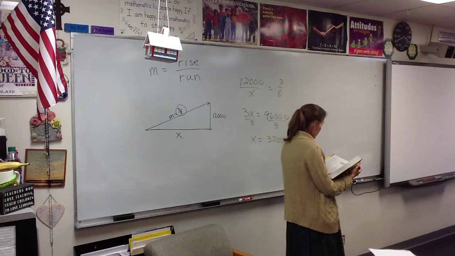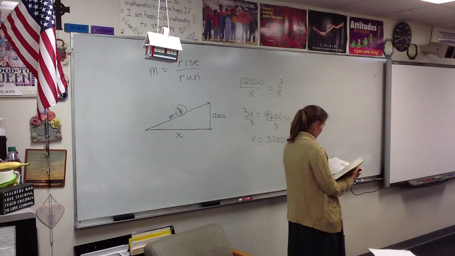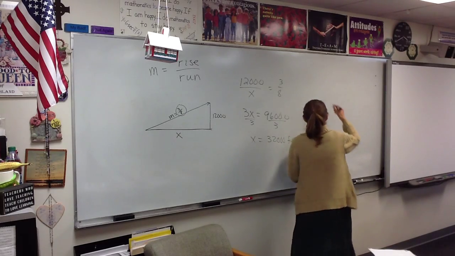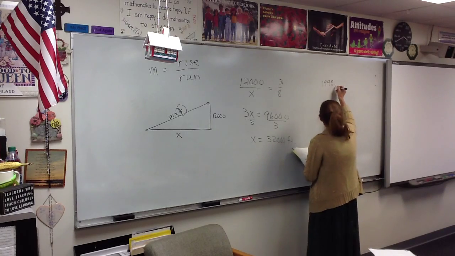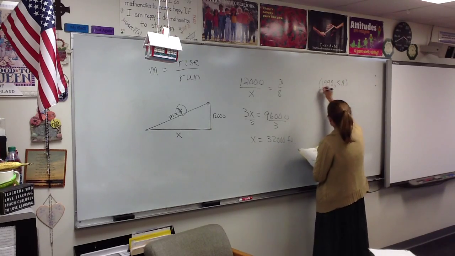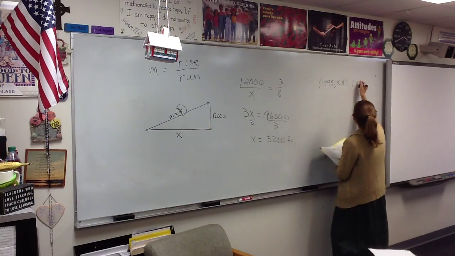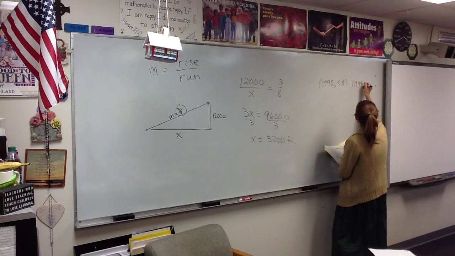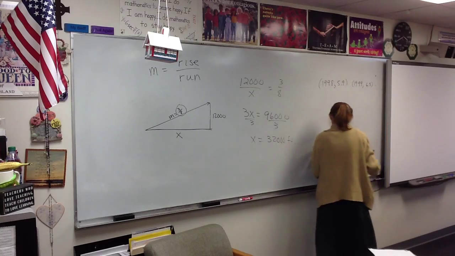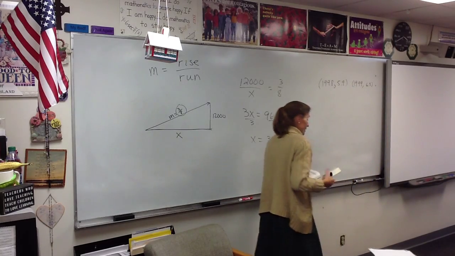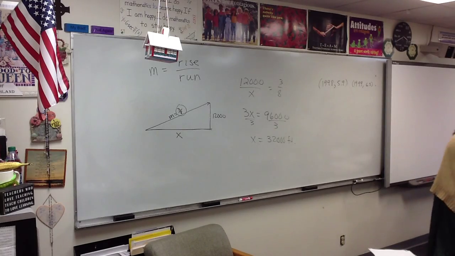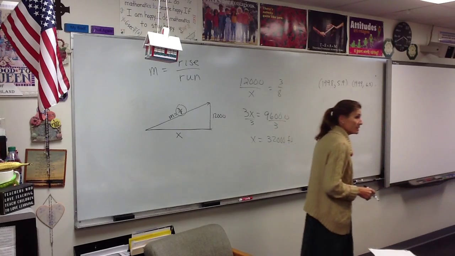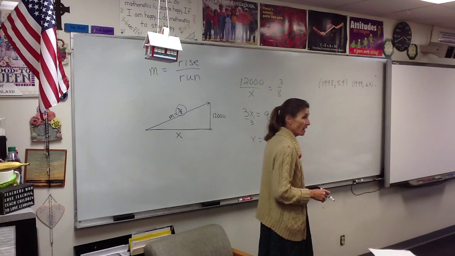Write a linear equation using the points 1998, 5.9, and 1999, 6.3. Write a linear equation. What does that mean? Write the equation of the line.